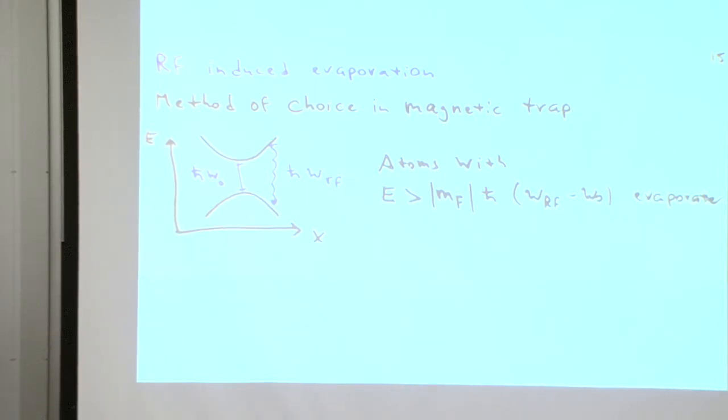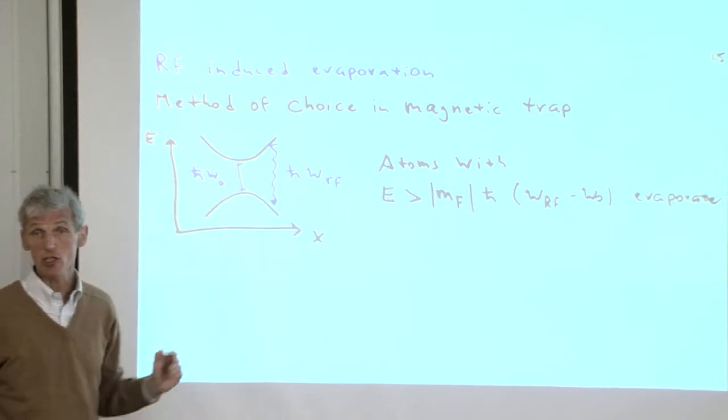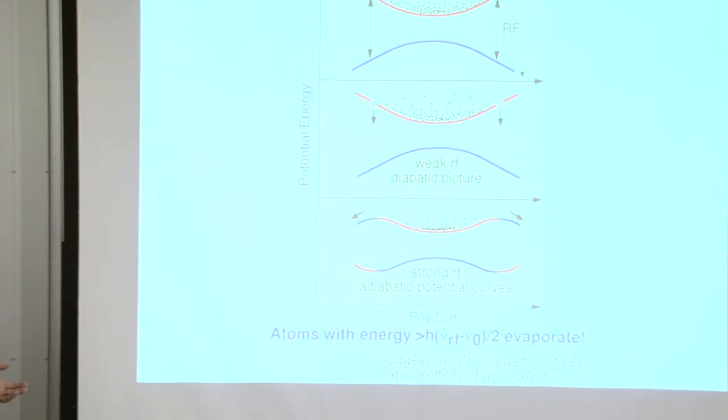This is very flexible. You can change the depth of your magnetic trap by just using an RF synthesizer. You can lower the trap depth without weakening the confinement potential.